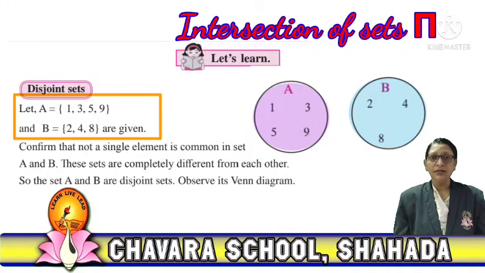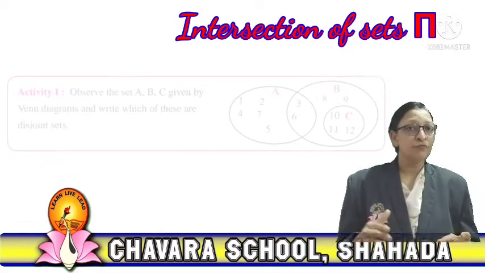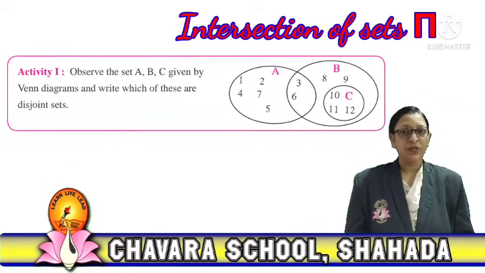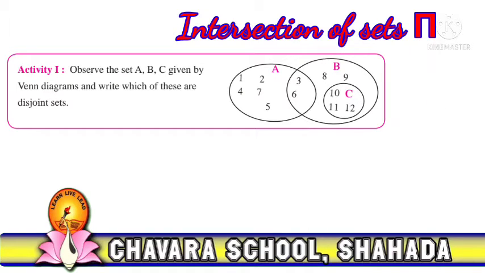From this, we define disjoint sets: sets are called disjoint if they have no element common at all. Dear students, here are few activities given to you. Let us solve some of them. Activity 1. Observe sets A, B, C given by the Venn diagram and write which of these are disjoint sets. A is equal to {1, 2, 3, 4, 5, 6, 7}.